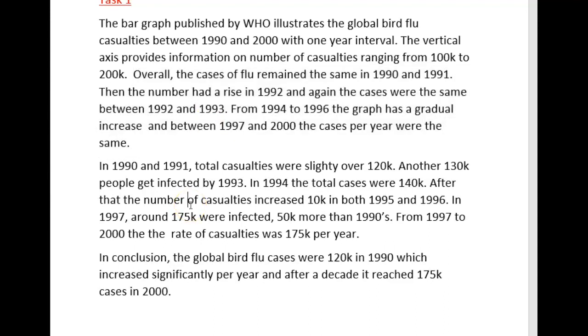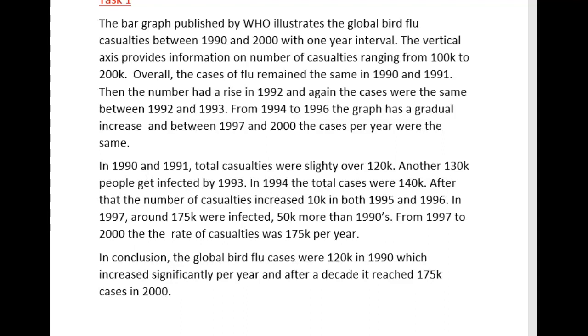In 1990 and 1991, total casualties were slightly over 120,000. Another 130,000 people got infected by 93. In 1994, the total cases were 140. After that, the number of casualties increased 10,000 in both 95 and 96.